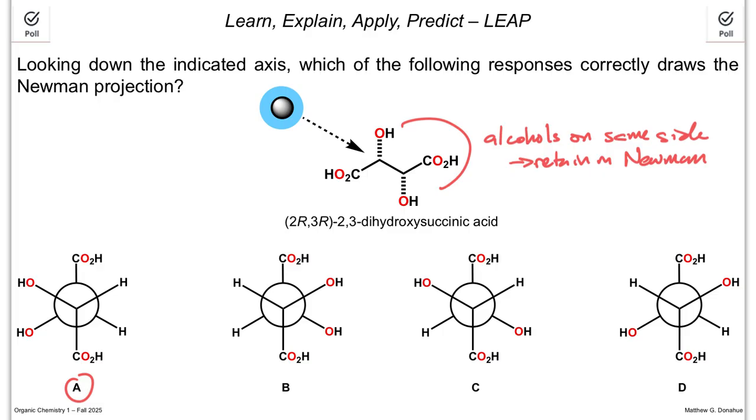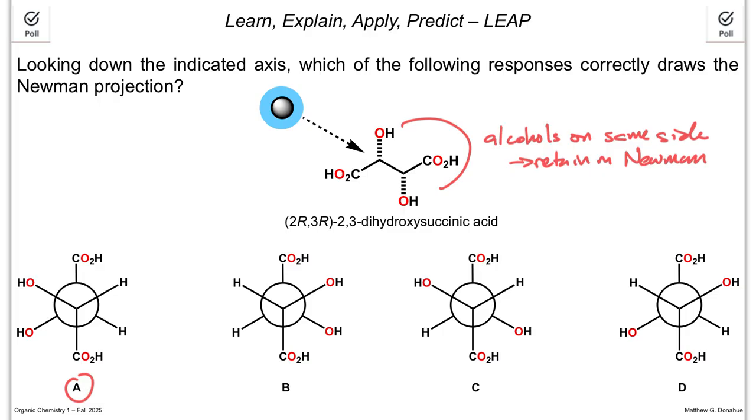When I think of this Newman, I see that the OH groups have to be on the same side, and you're looking at it from this 90-degree perspective.